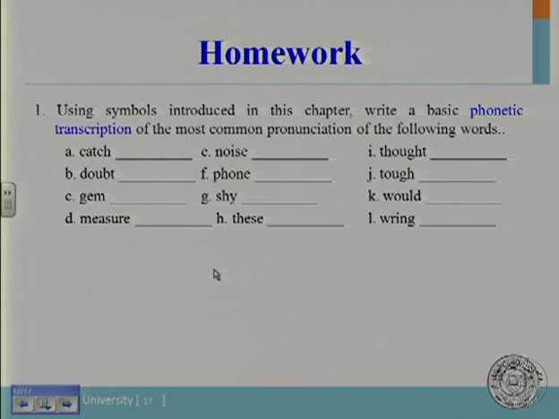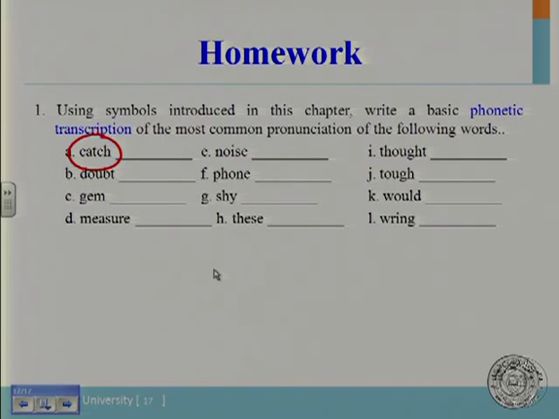For more practice, I prepared your homework. Using symbols introduced in this chapter, write a basic phonetic description of the most common pronunciation of the following words. What you need is to try to write the phonetic description. For example, I'll do this one for you.